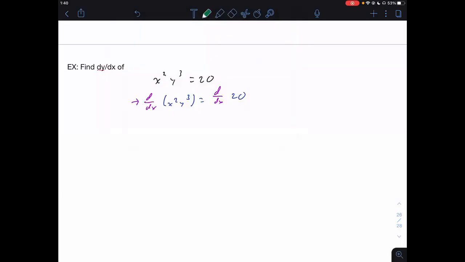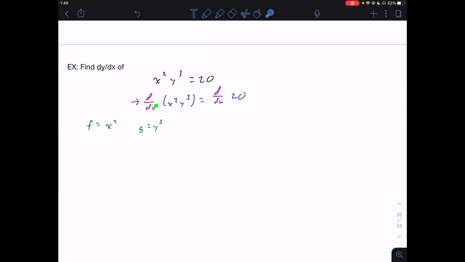Okay, so let's set up our two functions here. Let's call this f. f will be x squared, and then g will be y cubed. All right, so now we want to take the derivative with respect to x of these two functions. Now this part we got to be really careful with.